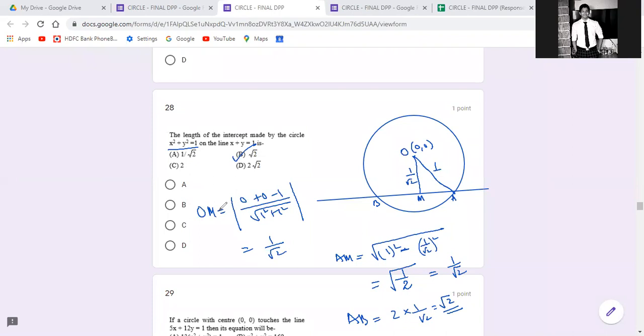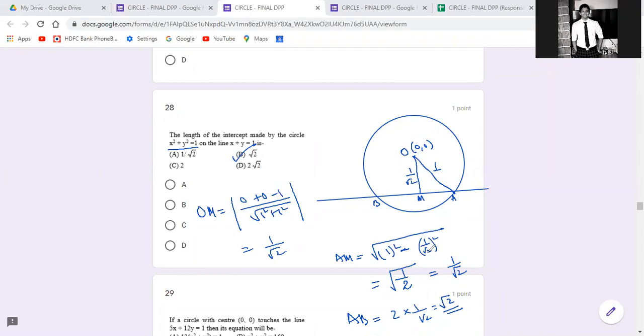Now tell me the next one. Sir, in this it is showing C. Length of the intercept made by the circle on the line. Okay, let me check once again. OM is 1 by root 2. Square it, 1 by 2. 1 minus 1 by 2 is 1 by 2.